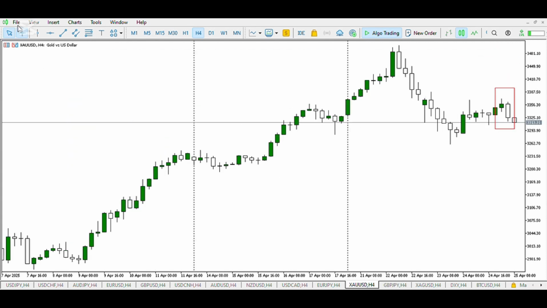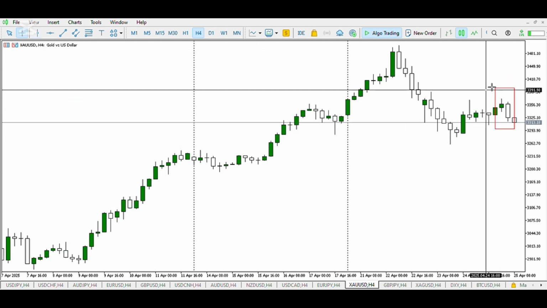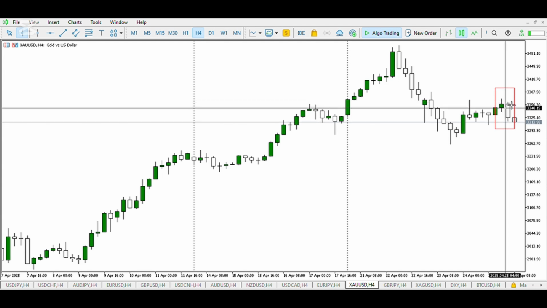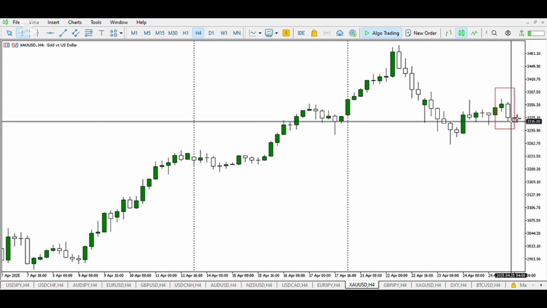On gold, at the opening of the Asian session, we can see the buyers attempting to play a good game, and they broke the high of yesterday, lightly grabbing liquidity. However, this is not a healthy liquidity grab, and the second half you can see the sellers pushing price down, attempting to raid the low of the day.